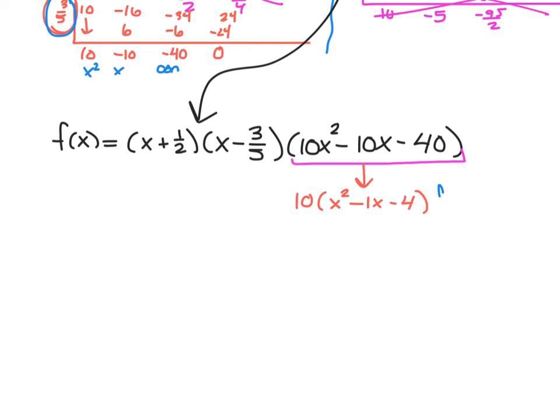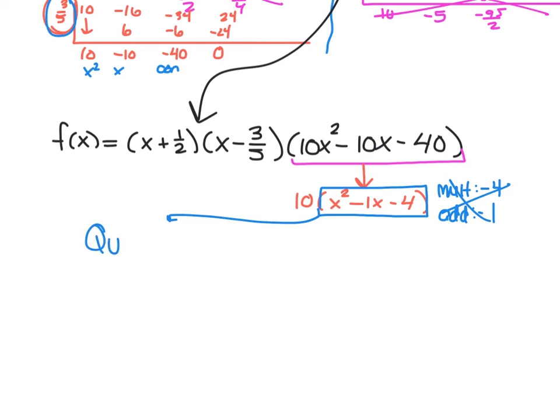But unfortunately, I don't know of any numbers that multiply to be negative 4 and add to be negative 1. So I can't use factoring here, but what I can do is with this trinomial left, I can utilize the quadratic formula. So while factoring won't work, the quadratic formula will work on that.